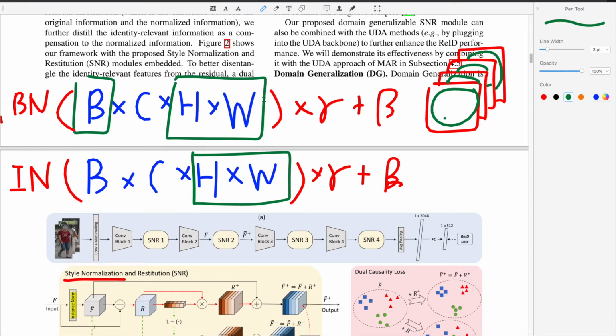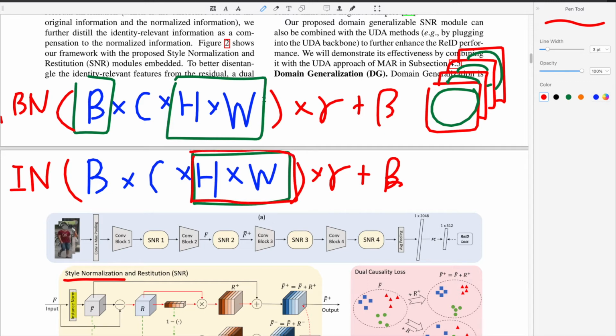In other words, in order to isolate only the style information, we should not incorporate any batch information, just like what batch norm does. That's the reason why instance norm is pretty useful in dealing with styles, because it only works across the dimensions of a single image.